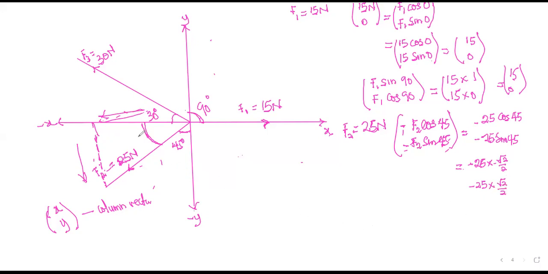The angle it makes with the x is 45. So if you are using the angle it makes with the x, it's cos sine. And that's exactly what I've done here. If you use the angle it makes with the y, it will be sine cos. Okay, here, because the angle is 45, the value will be the same.